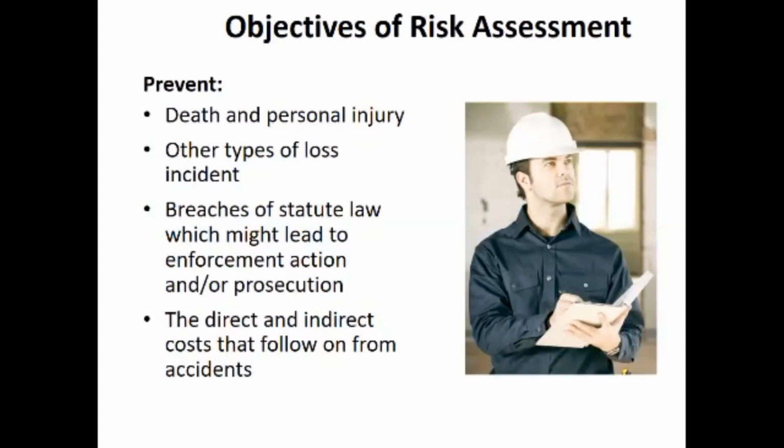And also the direct and indirect costs. Okay, the different costs are there, direct costs and indirect costs. Some of the insured costs are there, some of the uninsured costs are there. Therefore, you prevent this by using risk assessment. Okay, the objective of risk assessment is to prevent all these.